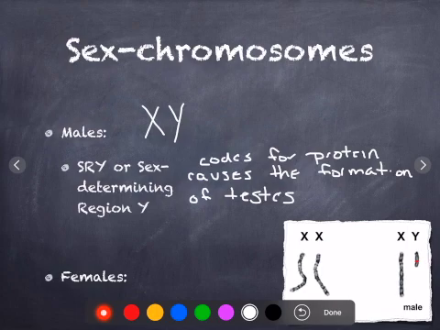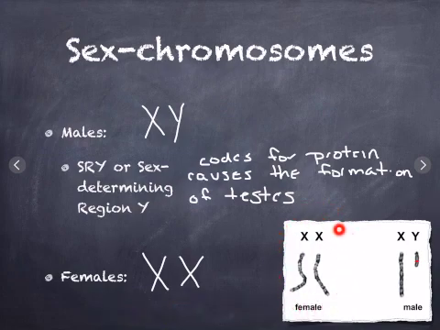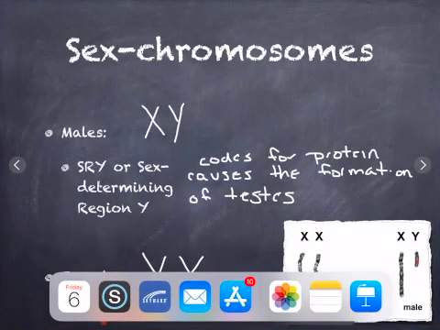You always hear the saying that males and females develop the same initially. Once this SRY gene kicks into place, it codes for all the proteins that make you into a male. Now, the females' sex chromosomes are XX, and you can see those right here. Again, two long chromosomes, therefore females XX, males XY.